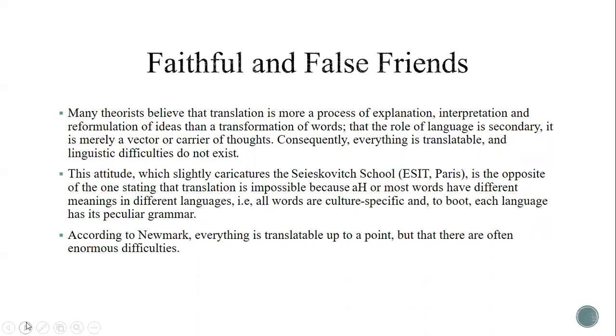This attitude, which slightly caricatures the Seleskovitch school, is the opposite of the one stating that translation is impossible because all or most words have different meanings in different languages. All words are culture specific, and to boot, each language has its peculiar grammar. According to Newmark, everything is translatable up to a point, but there are often enormous difficulties.